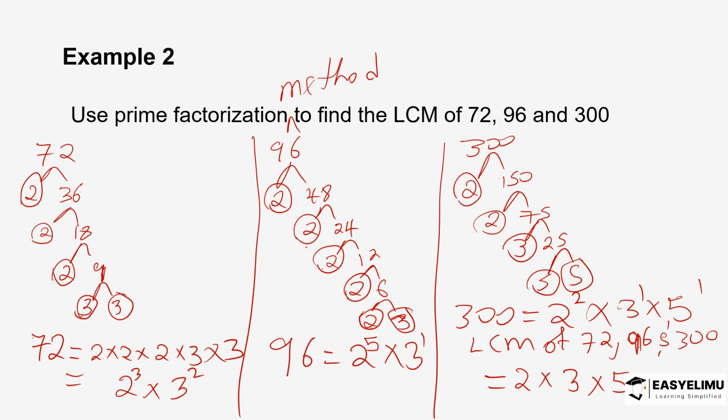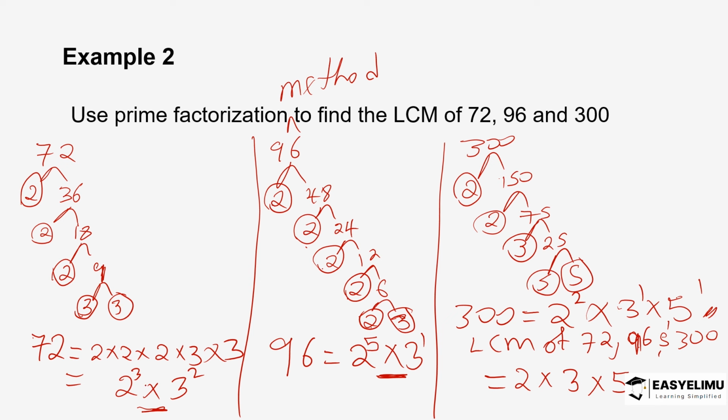Remember, when it comes to the LCM, you pick all the prime factors, 2, 3, and 5. So there is 2 here, there is 2 here, and there is 2 as well in the prime factorization of 300. After that, you pick the highest power of each of the prime factors.